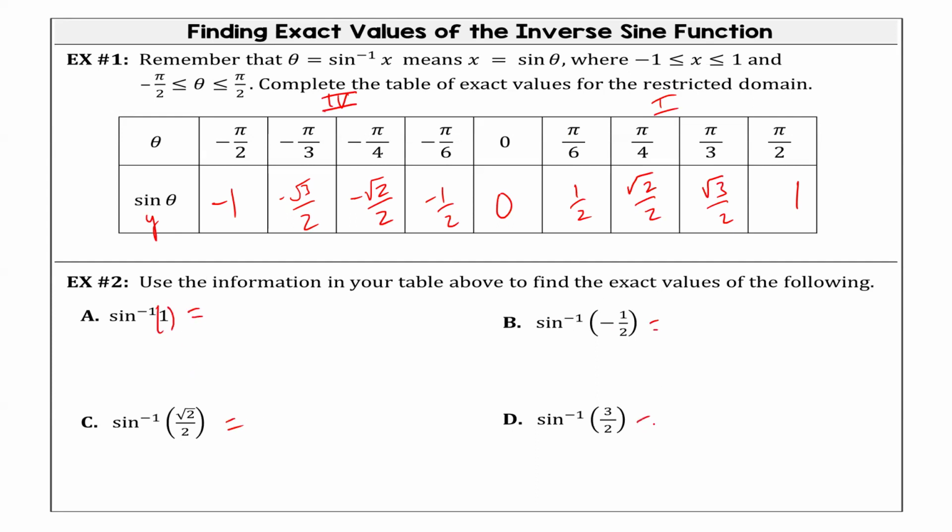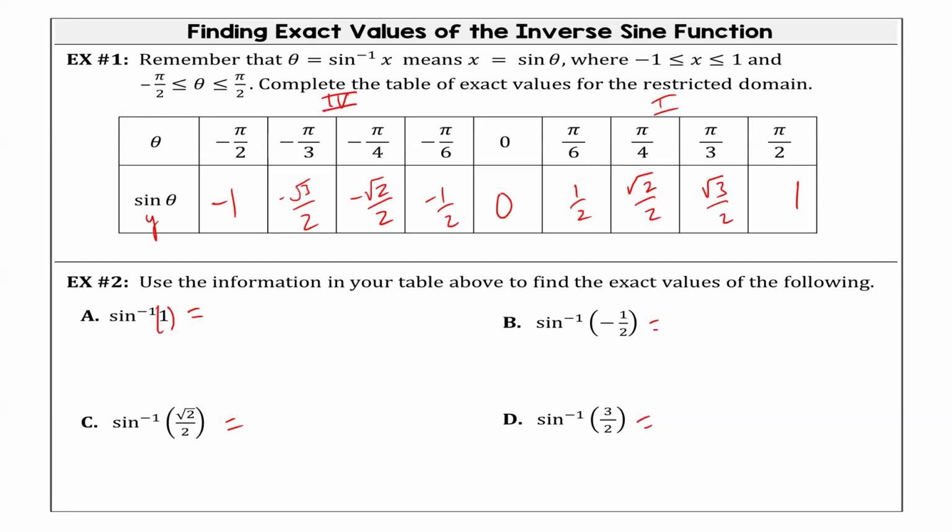You have your chart, and now you're working backwards. Does that make sense? I say you can do it in 90 seconds. What angles give me sine theta equals 1? What angle gives me sine theta equals -1/2?